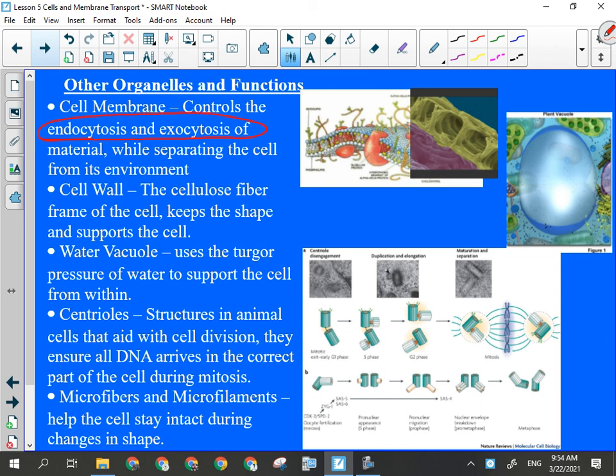What I don't want to see is protects the cell, because it actually doesn't do that. There's lots of stuff that can get through the cell membrane that can hurt the cell. It controls what gets in and out. That's it. Endocytosis and exocytosis. Make sure you use those terms.